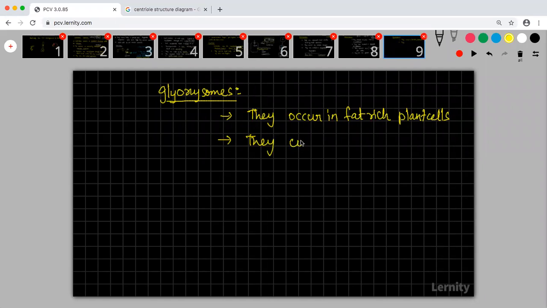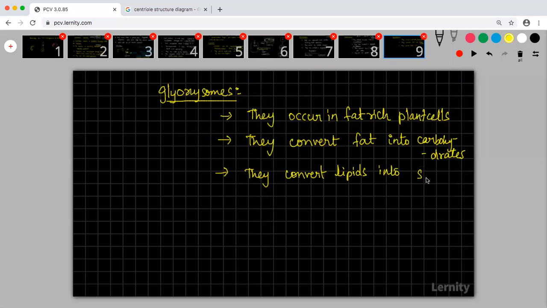They convert fat into carbohydrates. They convert lipids into sucrose in castor seeds.